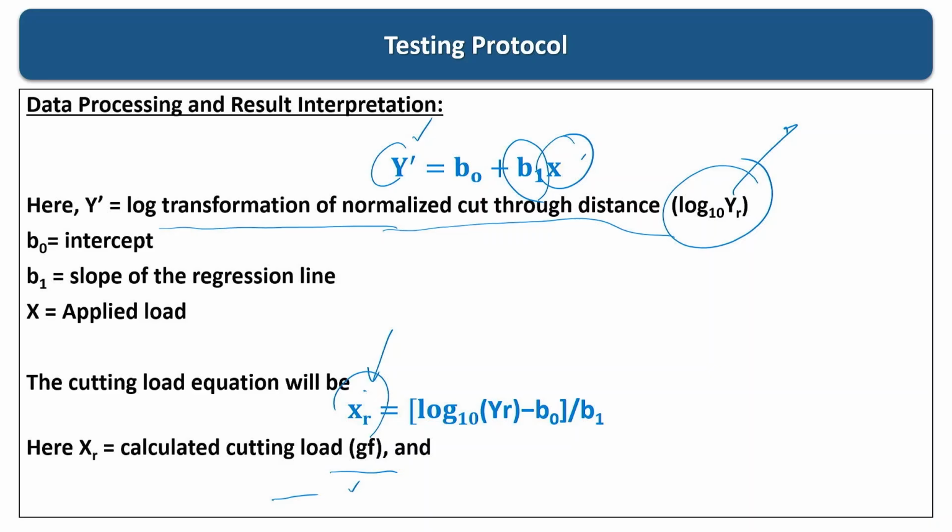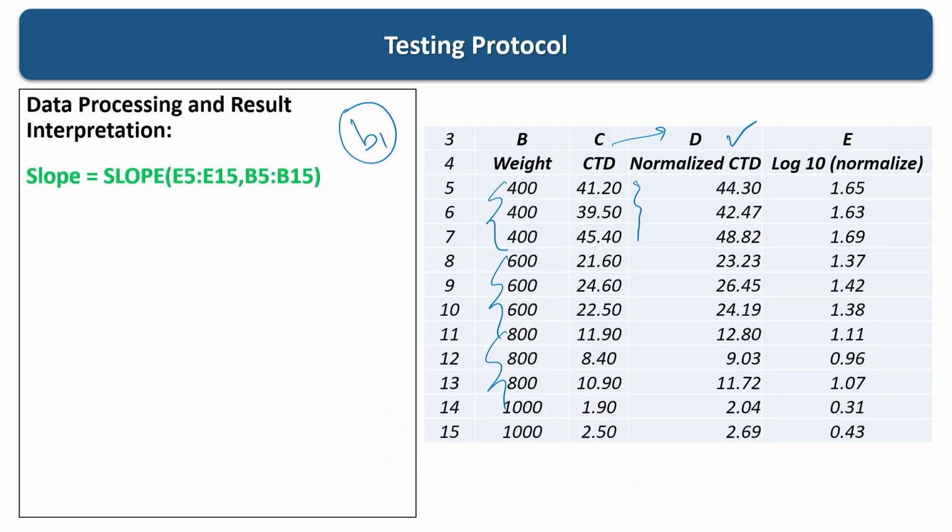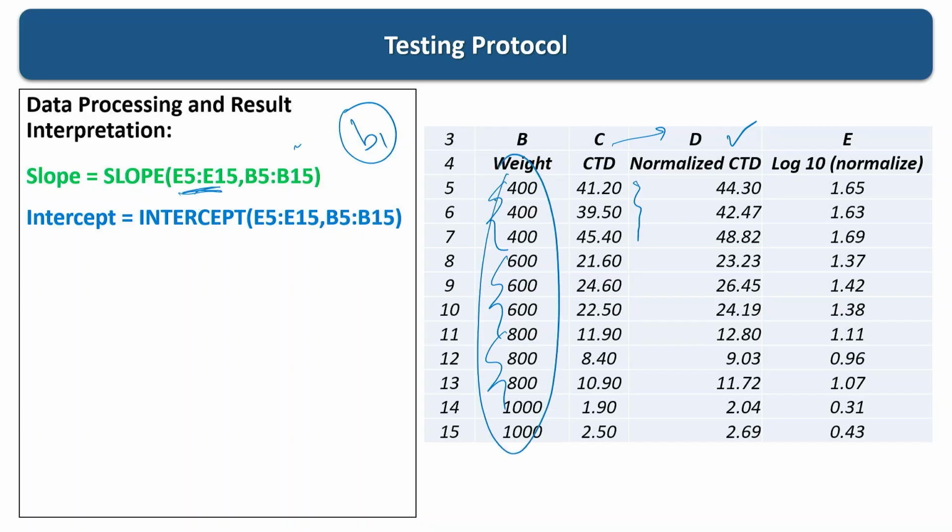This is the slope, B1 is the slope. So, we can calculate the slope of this curve between the normalized values, the log values, and with B and E we calculate the slope, and the intercept, like E and B, which is B0.